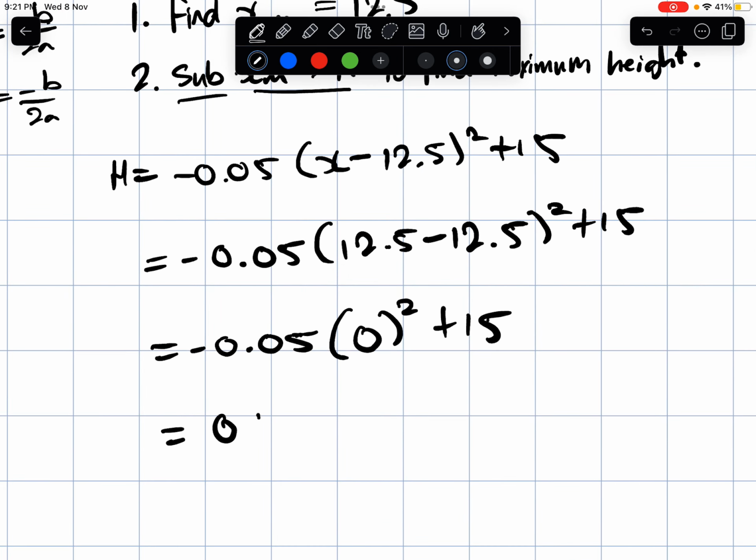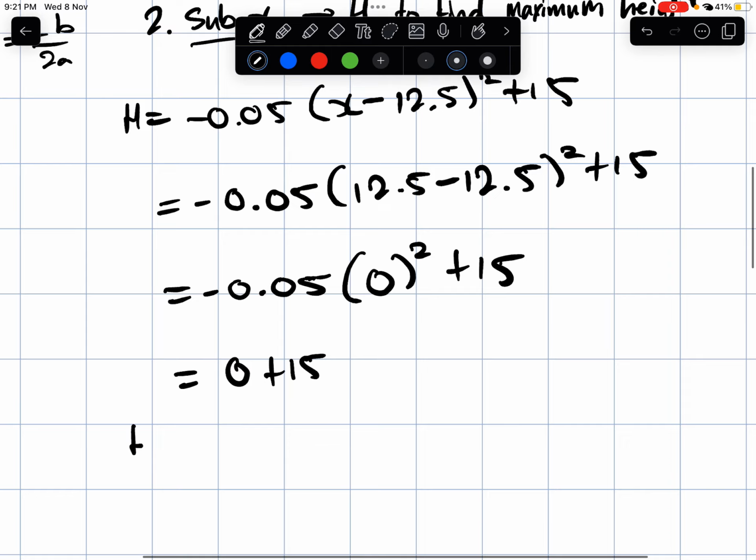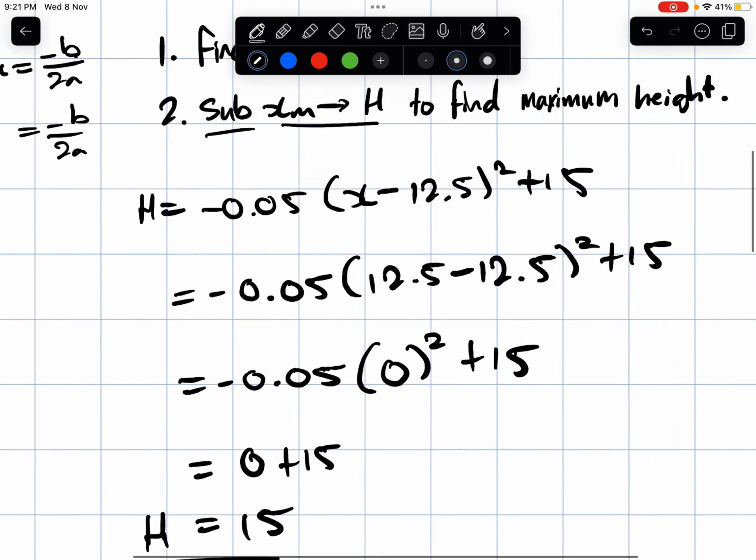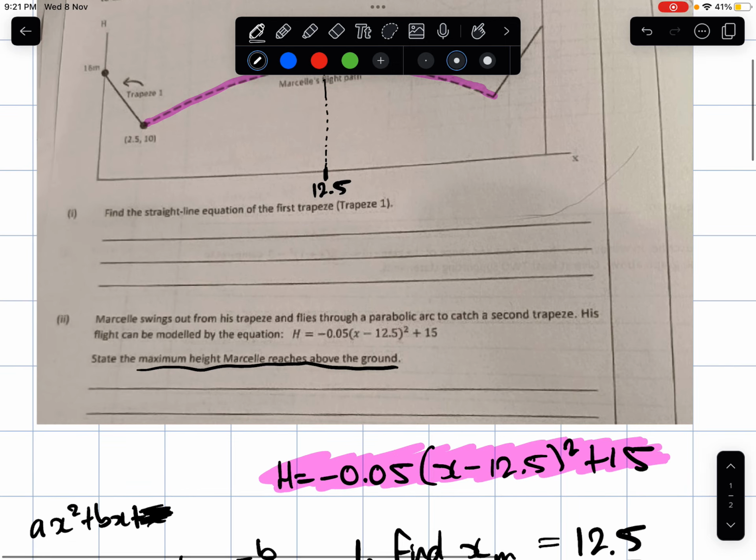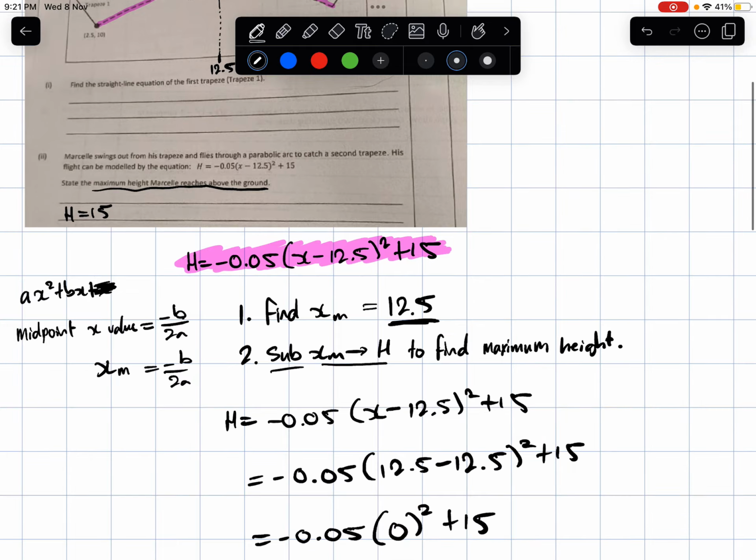Obviously, that's just 0 plus 15. H equals 15 is our final answer. So our maximum height is h equals 15. Hope that makes sense.